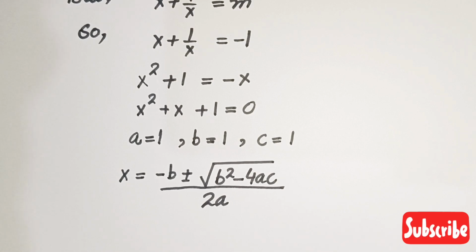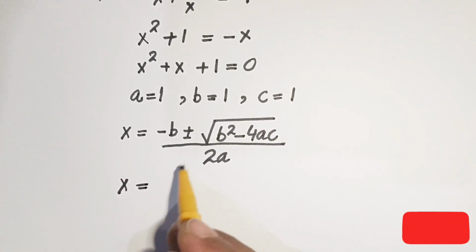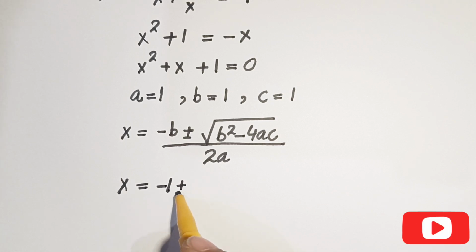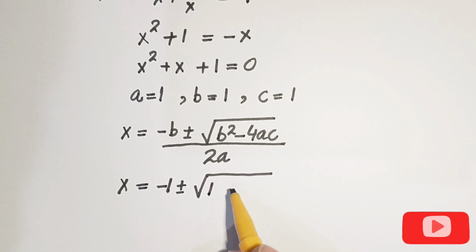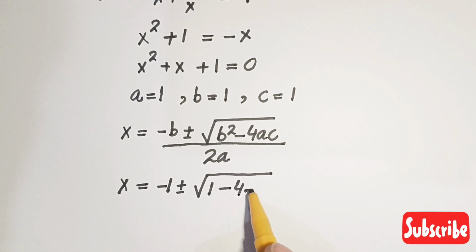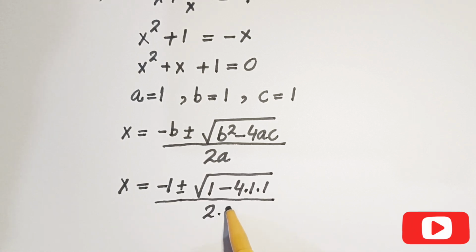Now putting the values of a, b and c, we have x is equal to minus 1 plus minus square root of b squared, which is 1 squared, so 1 squared is equal to 1, minus 4 times 1, the value of a is 1 and c is also 1, all over 2 times a, and 2 times a is equal to 2.